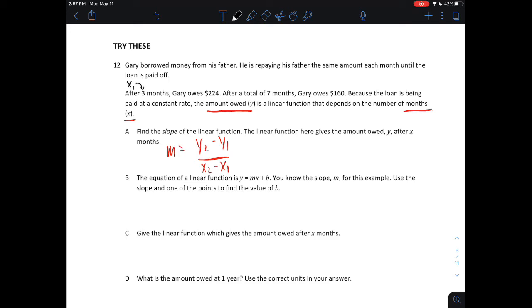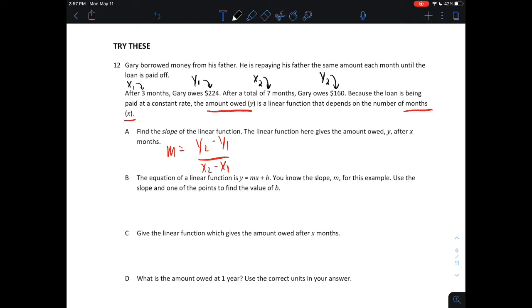And then after 3 months, Gary owes $224. That's the first amount that is owed. So I'm going to call 224 y1. And then in the next sentence, after a total of 7 months, there's another value for months. So that's the second x value that I've seen. So x2 is 7. Gary owes $160. That's the second y value that I've seen. So I'm going to call that y2.